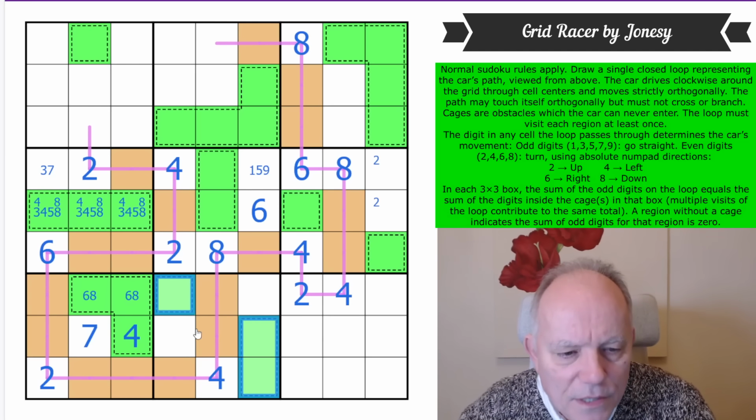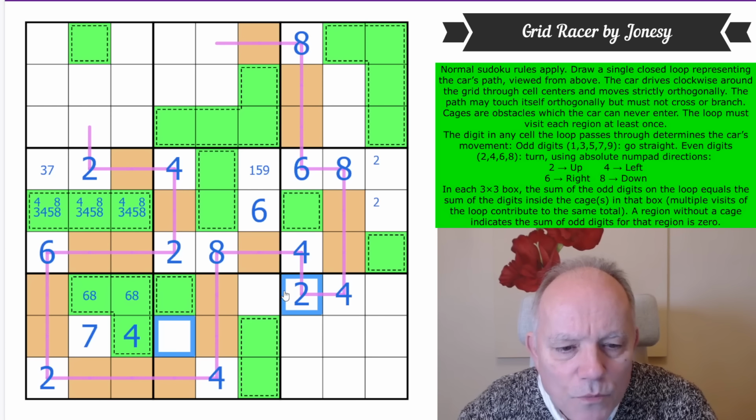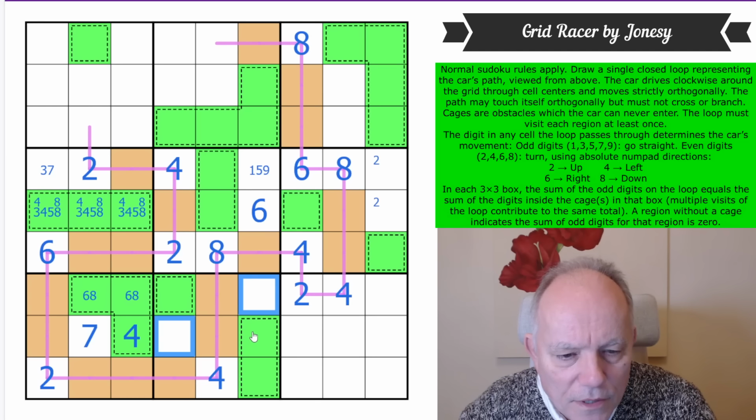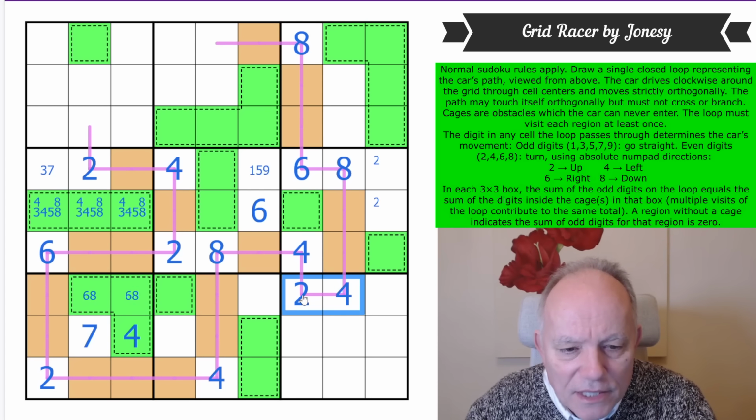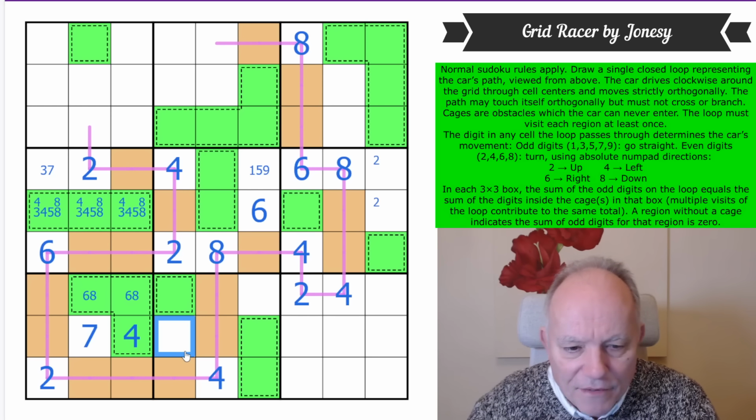And therefore there's 1 even digit in one of these 2 cells. Because we're going to put 2 even in the green. We've had 1 even there. We need 1 more. It's not going to be here because this sees all the even digits. So that is going to be even.